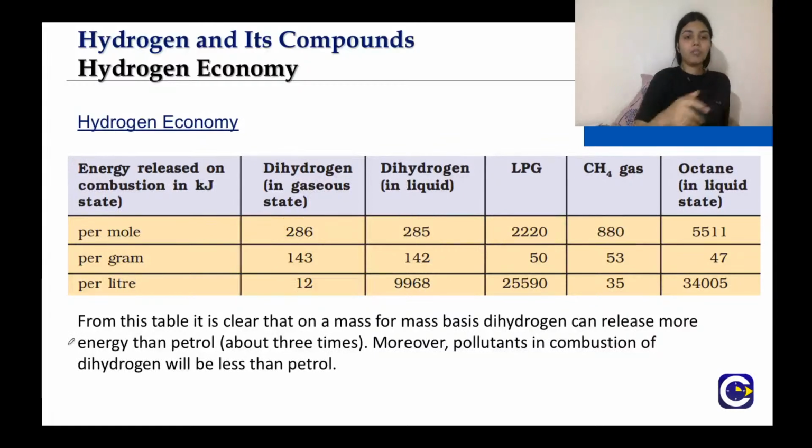So we have found out that dihydrogen can release more energy than petrol. Here you can see that octane in liquid form gives 47 kilojoules of energy from 1 gram. But in dihydrogen, from 1 gram you are obtaining 143 kilojoules of energy.